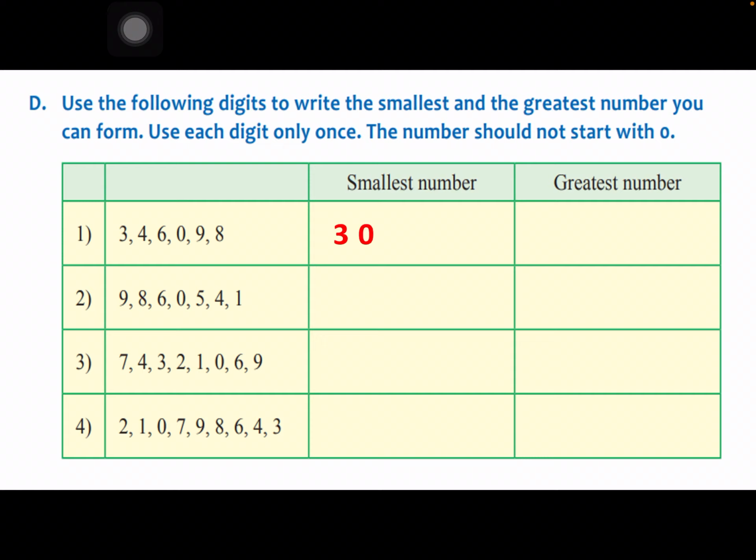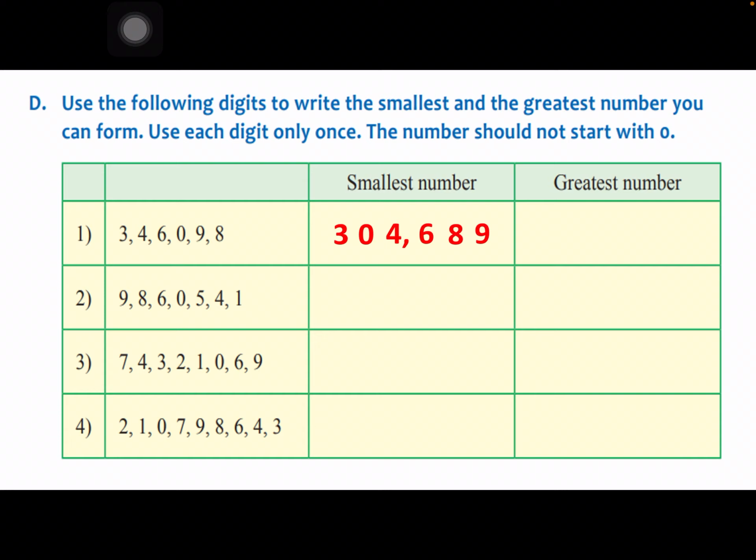Next is 4, next is 6, next is 8, and the last is 9. This is the smallest number you can form: 304,689.